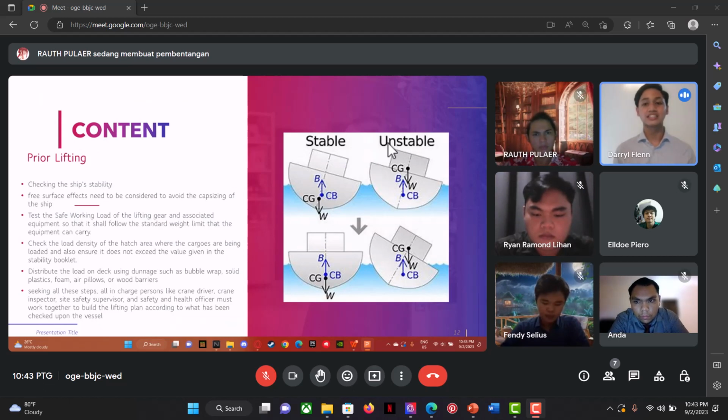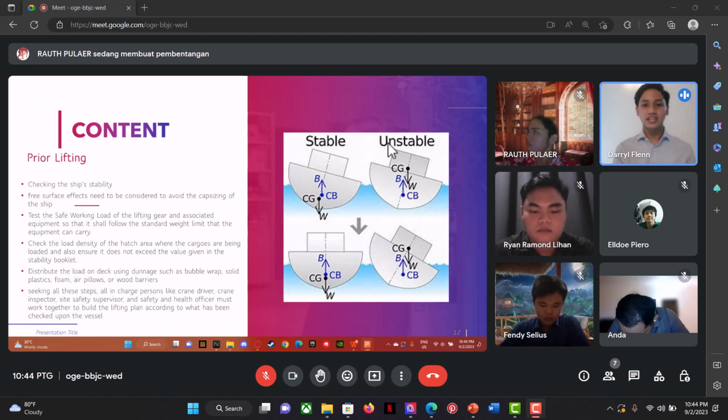Another step is to test and ensure that the crane does not fail due to overweight lifting. Okay, sorry. The fourth is to check the load density so that the weight limit of containers that can be stacked is manageable and organized properly to prevent containers from falling.